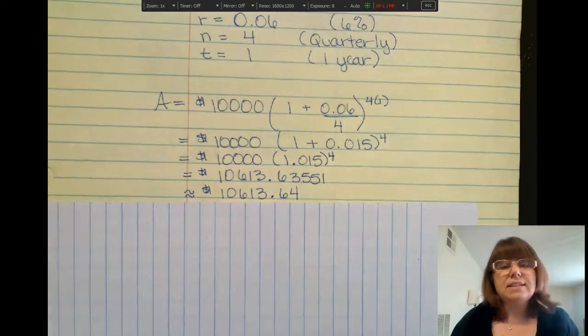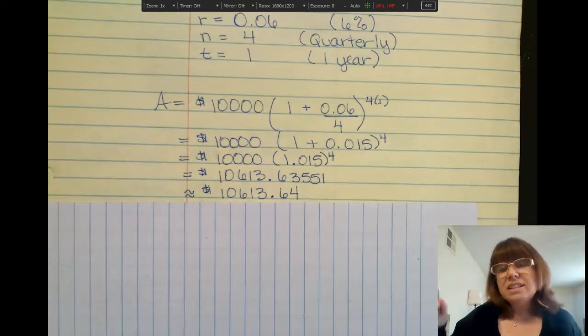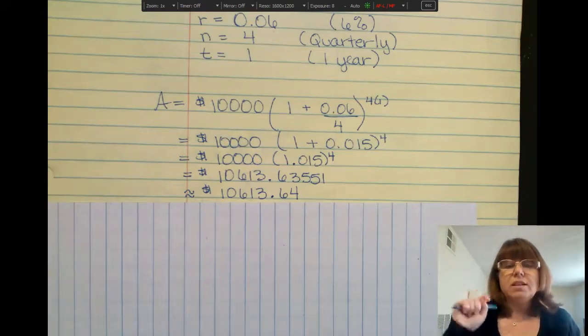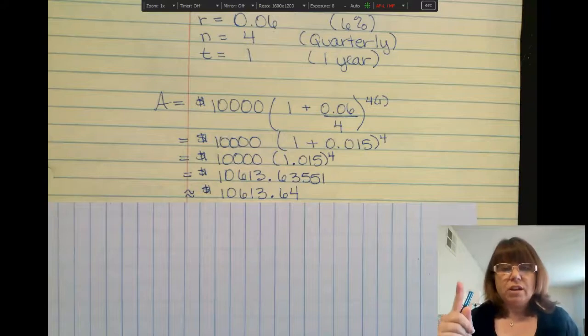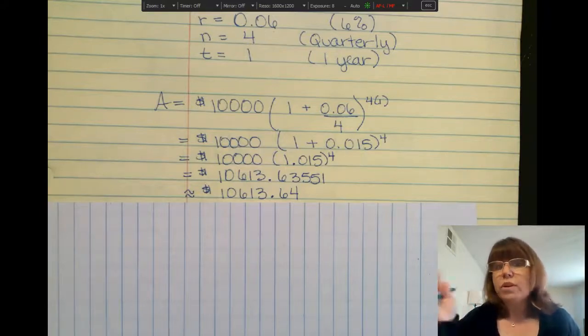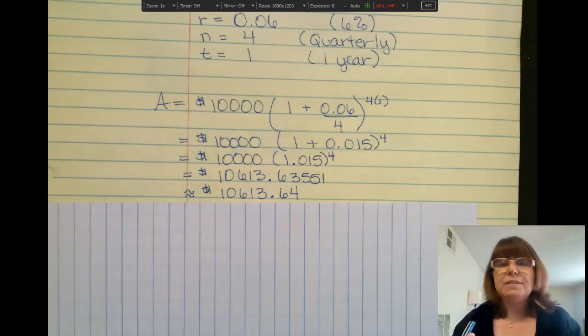Therefore, it's $10,613.64. This method is a lot easier than having to calculate it 4 times. We plug it in, we only have to calculate it once. And this is good for 40 years, 20 years, anything like that. It's perfect. So until next time, be seeing you.